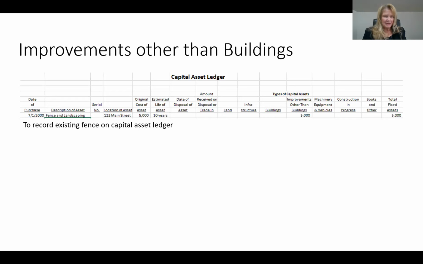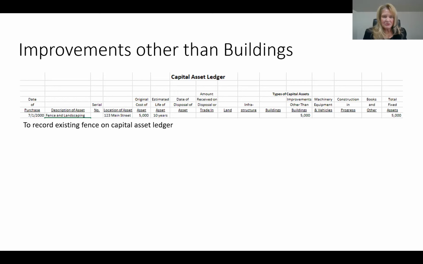So to show you again an example of that on the capital asset ledger, I have some fencing and some landscaping from 7/1 of 2000 that originally cost $5,000. And I have an estimated life on that fence of 10 years. And that's the period of time that I think it would be appropriate to allocate the cost of that asset.